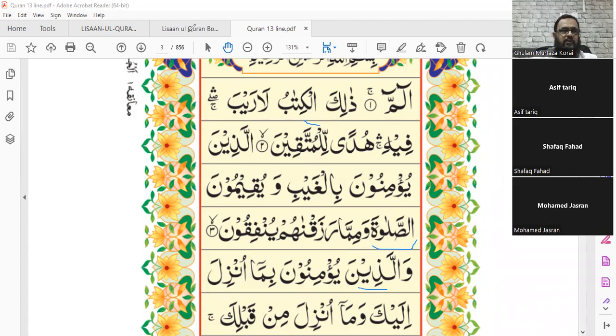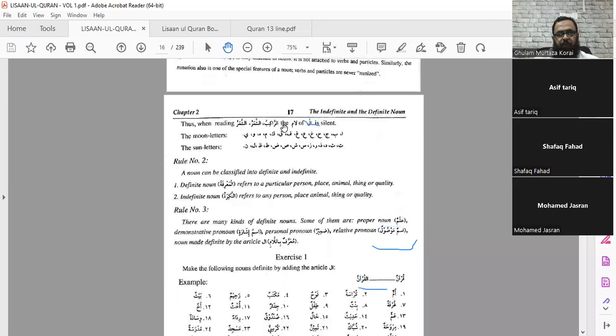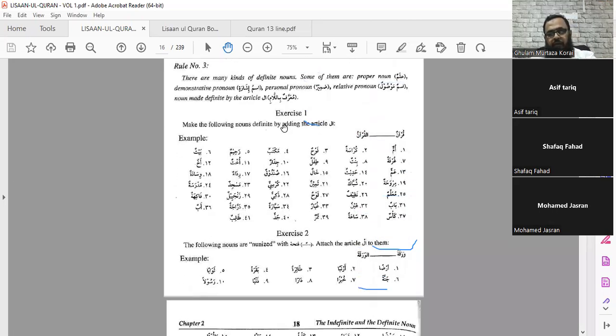Okay, brothers and sisters, before we end our class, these are the exercises I'm giving you. Now you have to make al-ma'rifatu from al-nakiratu. Okay, you have to add alif lam before these words, like ummun, al-ummu, qurrasatun, al-qurrasatu.